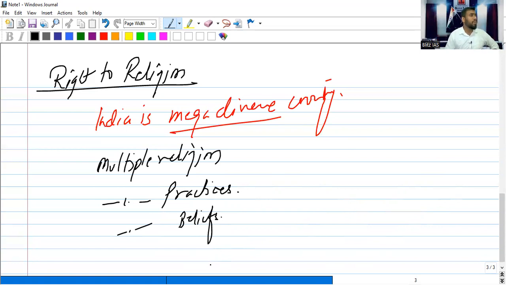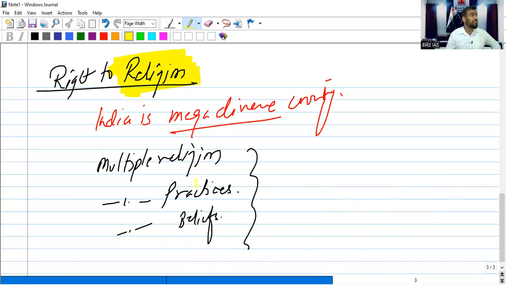Anything, mortal or immortal, if it is not important for one religion, it may be of immense importance for another religion. So India is a country with multiple beliefs. And living in such a cultural setup, there can be many complexities in this country when it comes to religion.